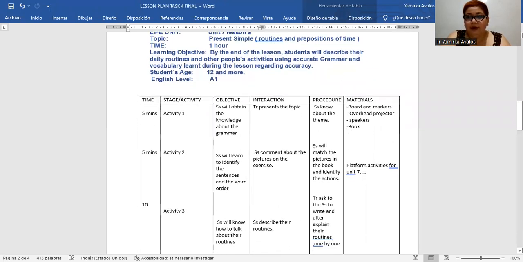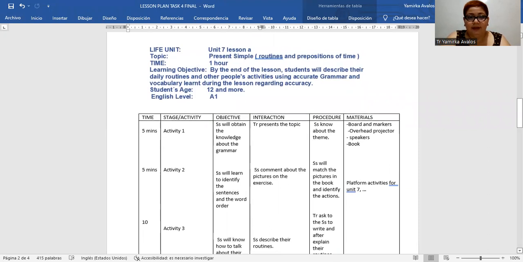We are using the book Live 1, because we have four levels of this book. We are taking Unit 7, Lesson A. The topic is present simple routines and prepositions of time.